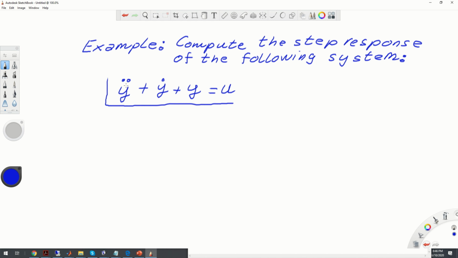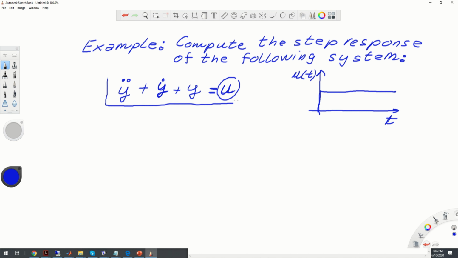The equation is linear, and basically y is the dependent variable and u is the independent variable. So u in our case is a Heaviside function or a step function that looks like this. This is time and this is u of time.